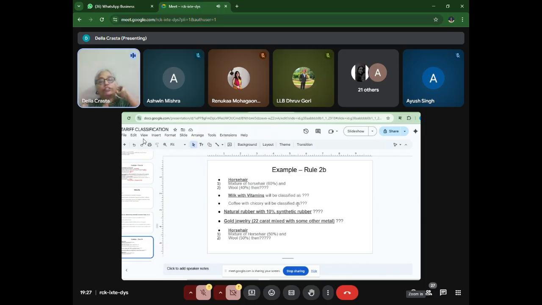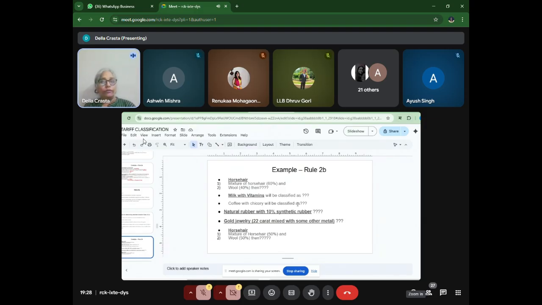Second is coffee with chicory. Some portion of chicory is always mixed with coffee. So the coffee portion is definitely higher and the chicory portion is lesser. So you will classify with the HS code given for coffee, not with the HS code given for chicory. Natural rubber with 10% synthetic rubber. That means 90% is natural rubber, 10% is synthetic rubber.